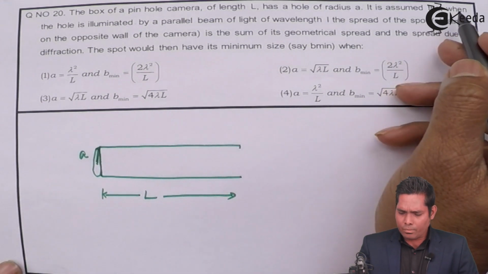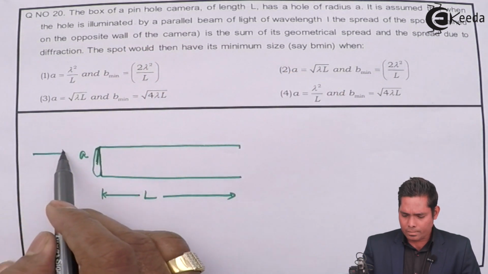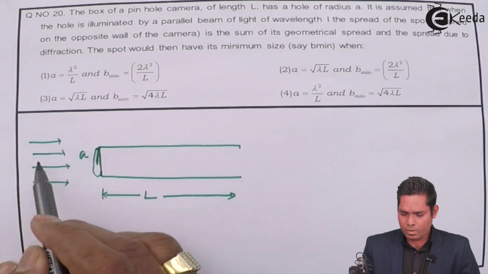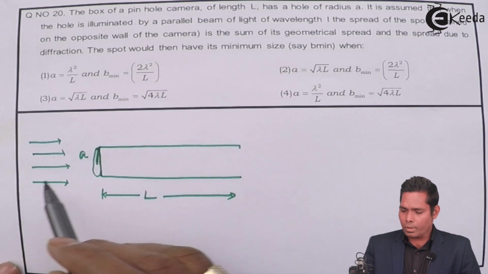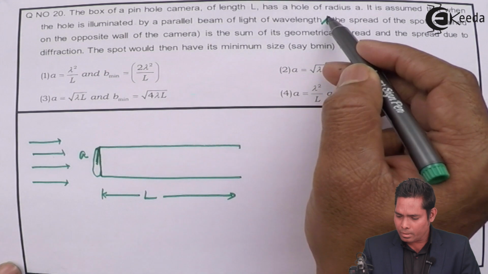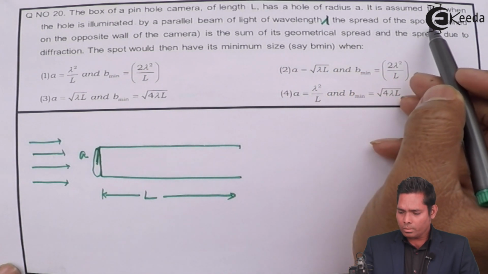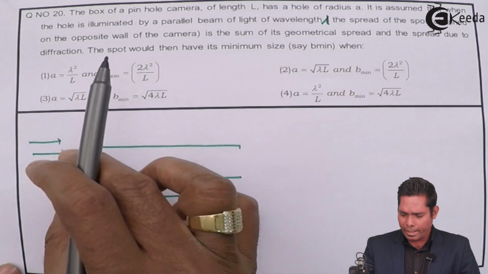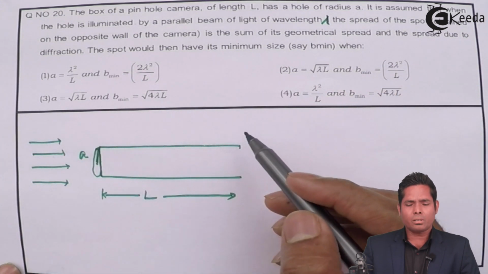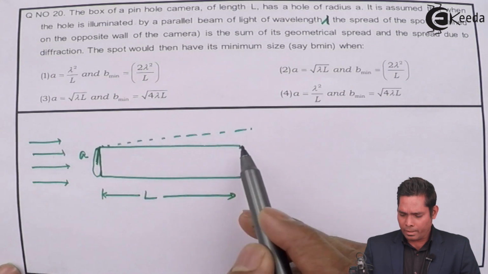It is assumed that when the hole is illuminated by a parallel beam of light of wavelength lambda, the spread of the spot, because when light passes through it, it will have some diffraction, and you will have a spread.